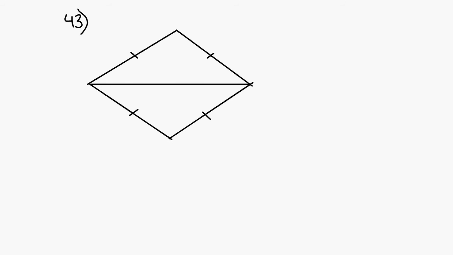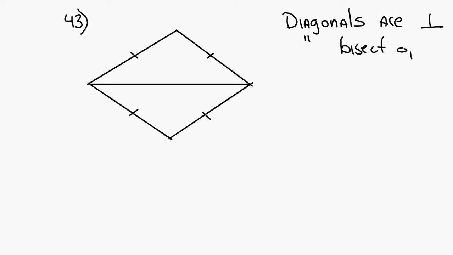In a rhombus, diagonals are perpendicular. Okay? Diagonals also bisect opposite angles.